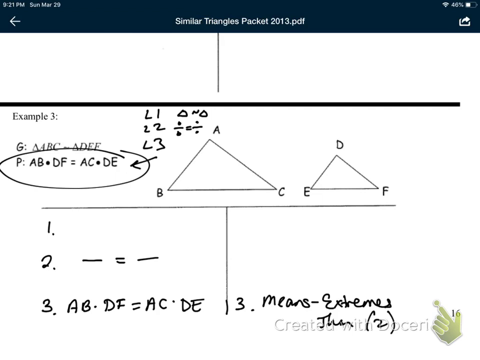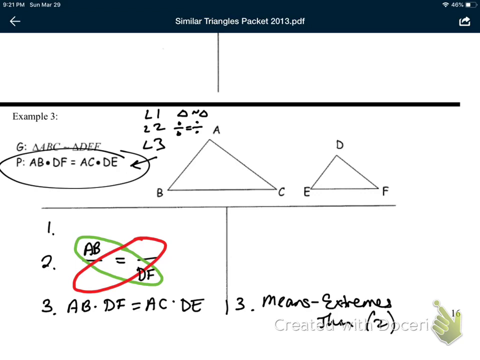So that means that this times this has to be equal to this times this. Okay, so in the green circle, that needs to be my AB times DF. So perhaps AB is here and DF is here.